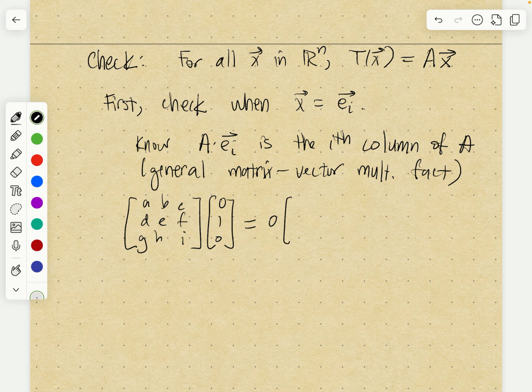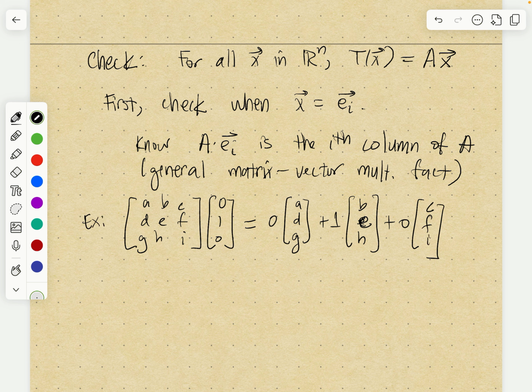It's going to be 0 times the first column plus 1 times the second column plus 0 times the third column. And so that's just going to be the second column. So that's just an example of how that works.